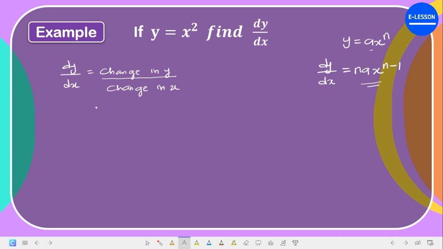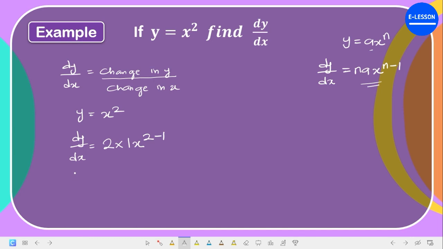Now, taking this example, you are given y is equal to x squared. How do you solve this? You would agree with me that the coefficient of x here is 1. So therefore, our dy/dx would be equal to 2 times 1x, then subtract 1 from the power.